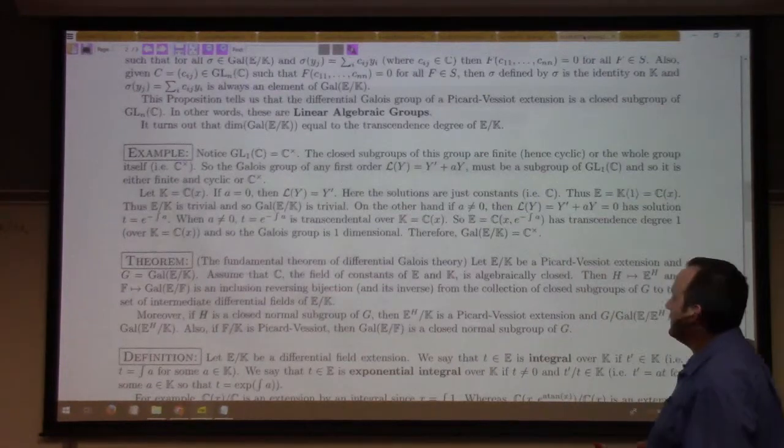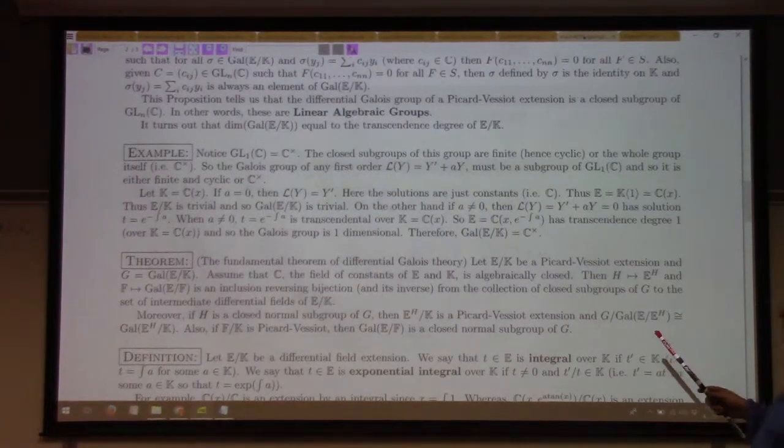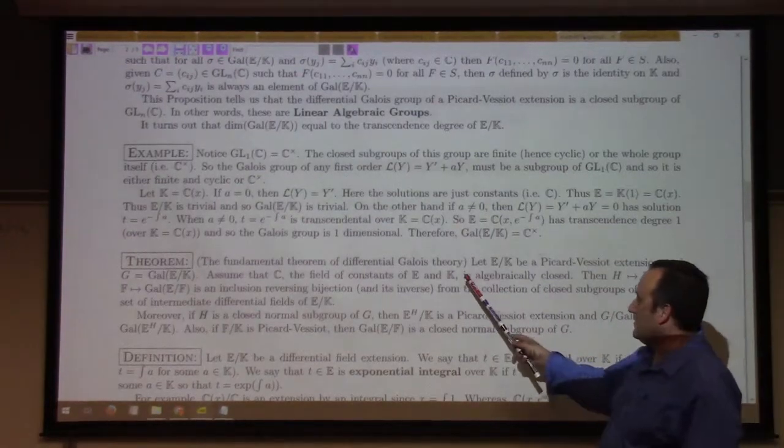Theorem. So finally, we come to the fundamental theorem of differential Galois theory.